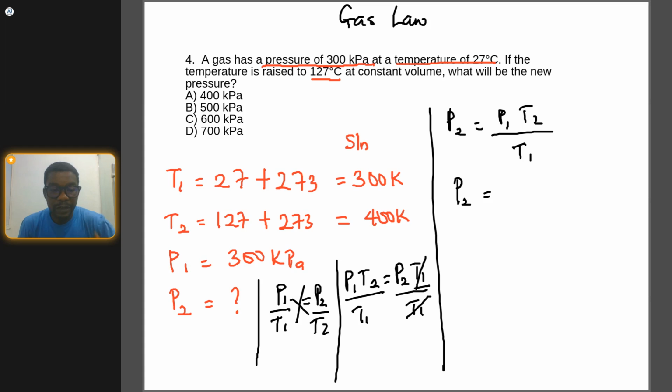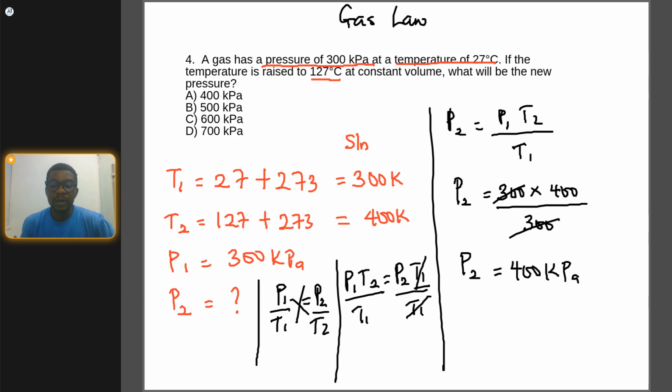So we have P1 given already in the question, 300 kilopascal, multiplied by T2, which in Kelvin is 400 Kelvin, divided by T1 in Kelvin, that is 300 Kelvin. If 300 cancels 300, we have P2 equal to 400 kilopascal.